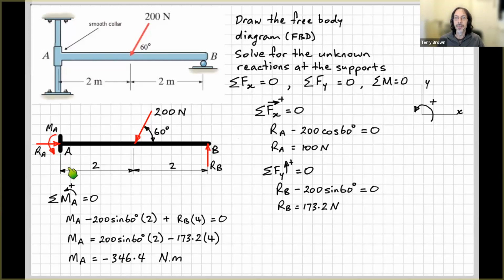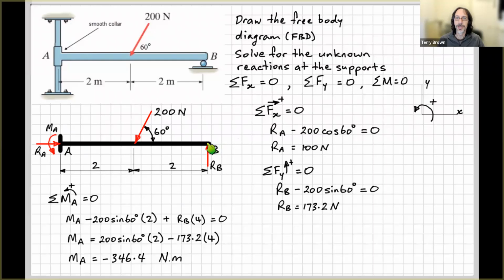Now, if you think about it, if we had taken moments about point B, we can see that this 200 Newton force tends to rotate about point B anti-clockwise. So therefore, MA needs to be clockwise if we're going to have the sum of the moments equal 0. Noting that RA causes no moment about point B, because its line of action passes through point B.